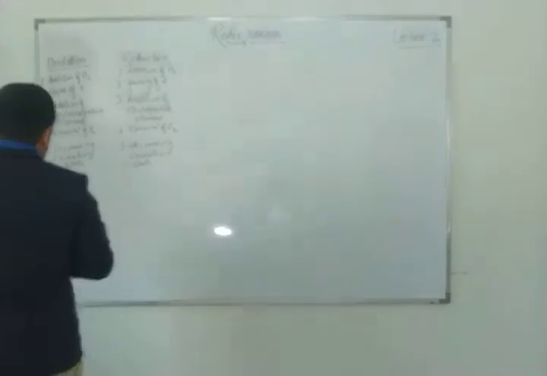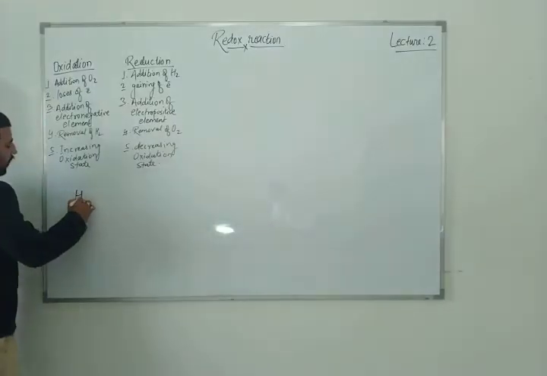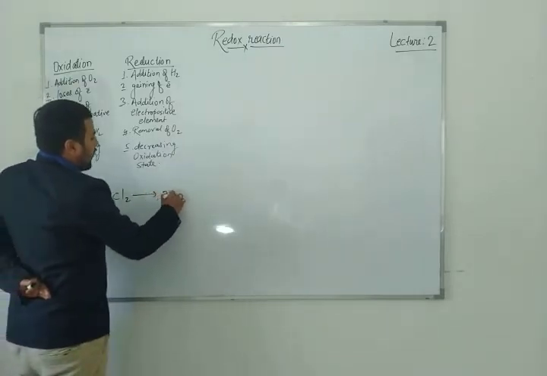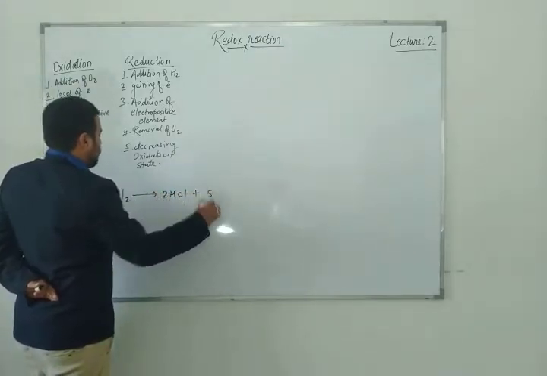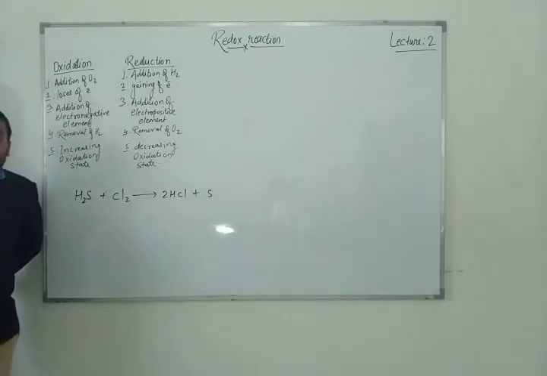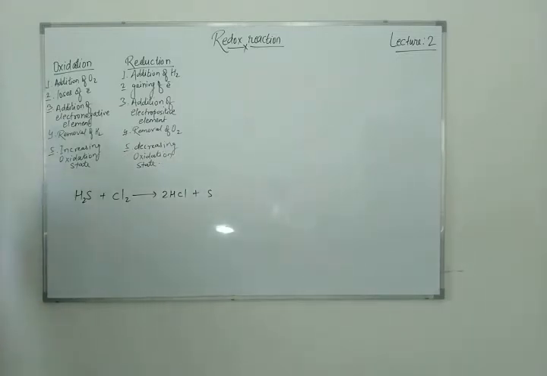If the reaction is given below, how will you find out? Just suppose hydrogen sulfide and chlorine gas mix and become hydrochloric acid and sulfur. Now tell me how you will understand whether this reaction is a redox reaction or not, which element is getting oxidized and which is getting reduced.